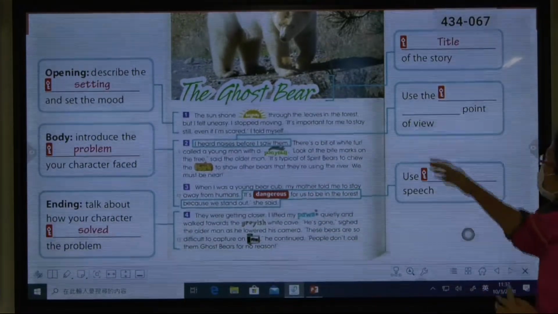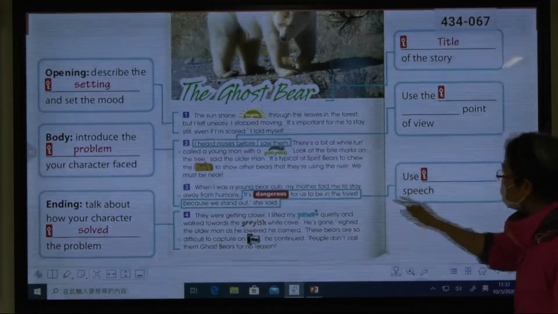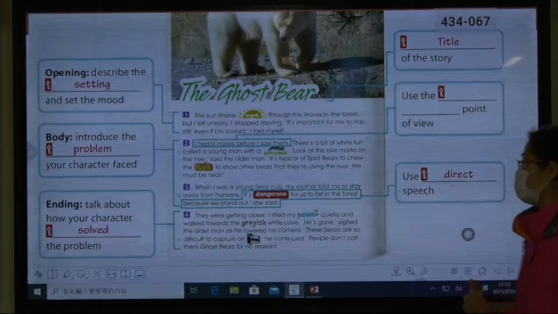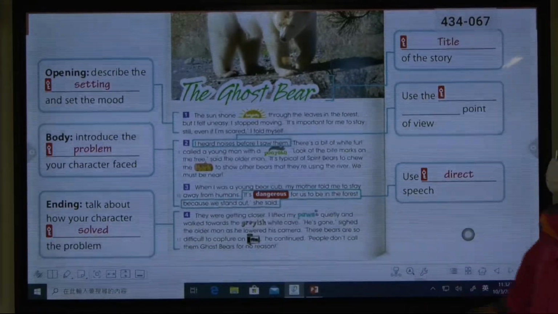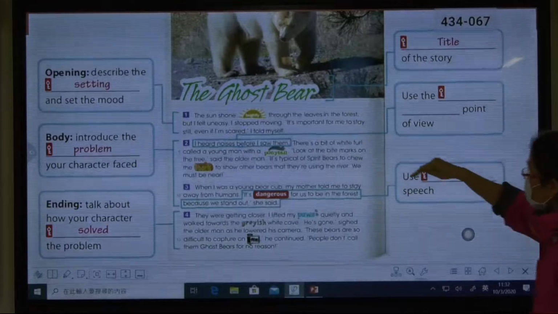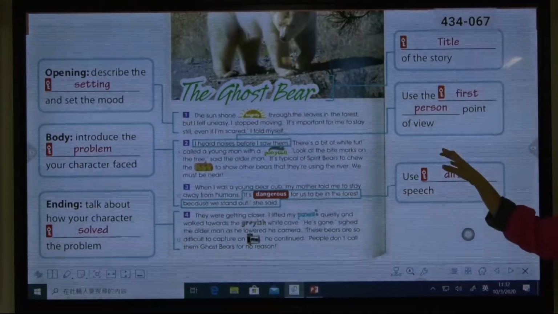Also, in a story, we'll use direct speech to make the story more lively. For example, run, stop, things like that. And in this story, we use the first person point of view.